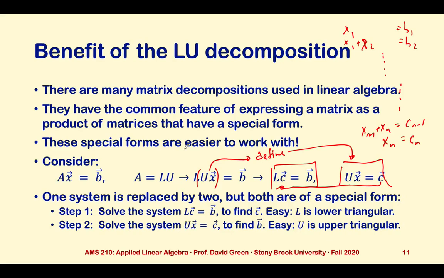So what we've been able to do here is split a problem where we normally would have to apply forward elimination, which is costly, followed by back substitution, which is much cheaper, into a problem where we have to do a forward substitution step, which is easy, and a backward substitution step, which is also easy, if we have the LU decomposition.